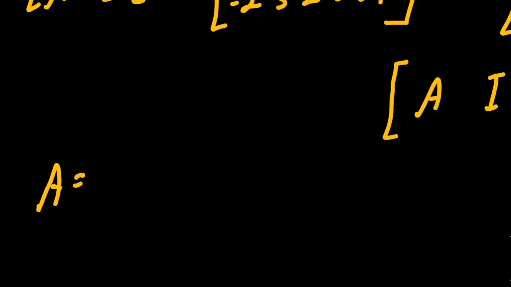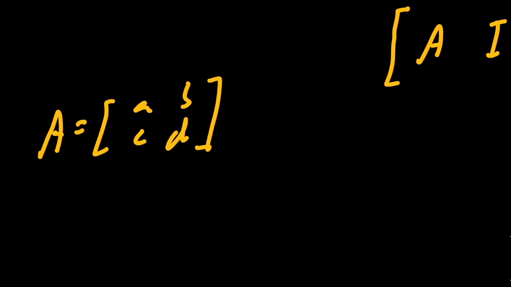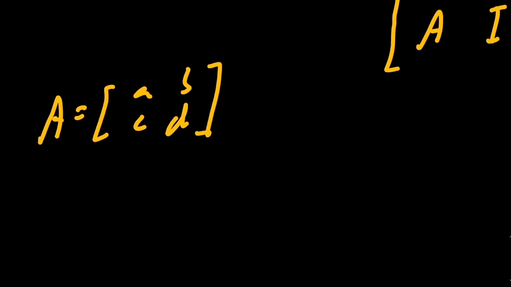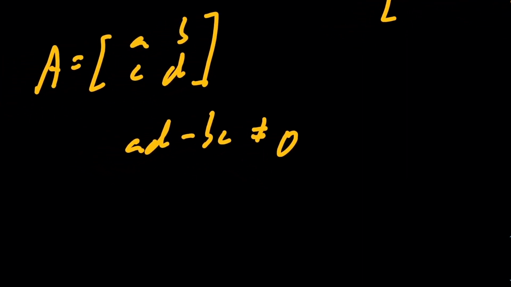Let's say we have a matrix of A, B, C, and D. And in this context, A isn't supposed to be invertible, and as a result, it's only invertible if AD minus BC does not equal 0. And yeah, that's pretty much it.